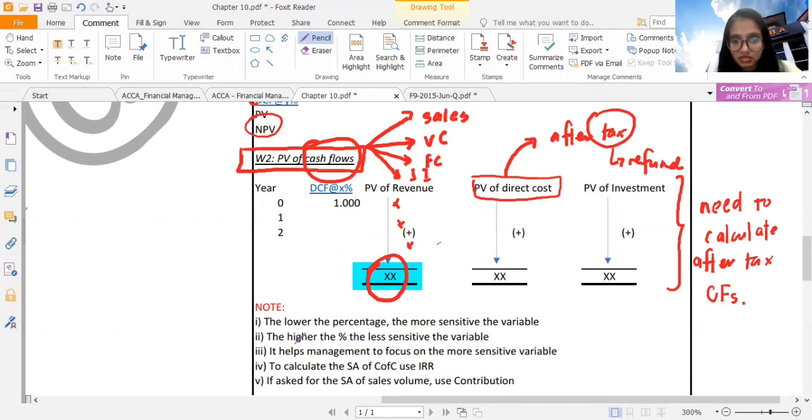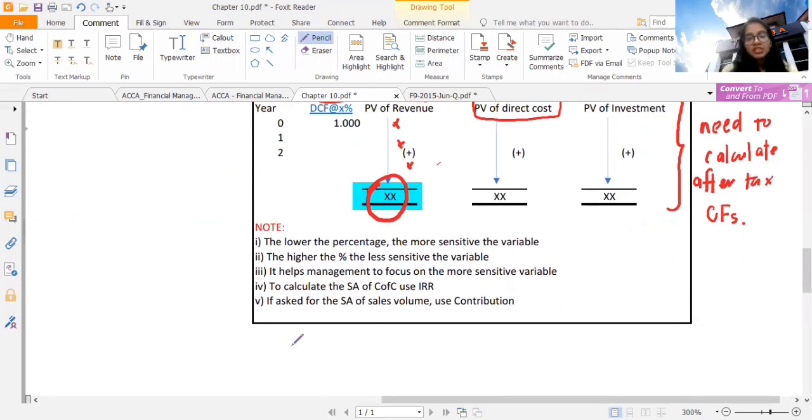Now I've got a question. Which percentage is more sensitive? Is it the lower percentage or the higher percentage? And please also help to answer your own question, as in what is the more sensitive variable and why.